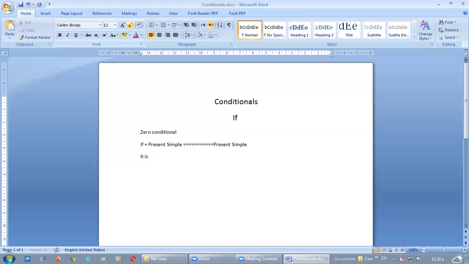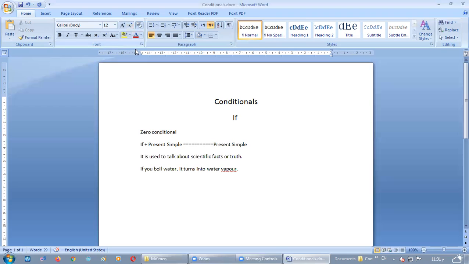When do we use zero conditional? It's used to talk about scientific facts or truth. Say, for example, if you boil water, it turns into water vapor.